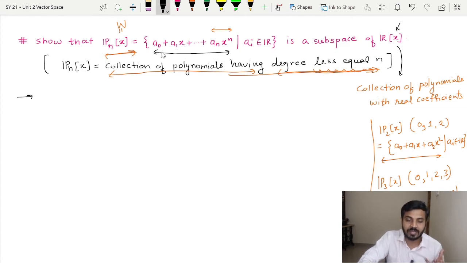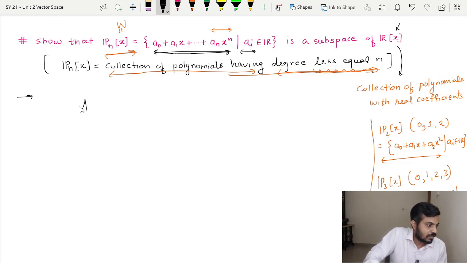It is a polynomial definitely, but it is of the type a0 plus a1x plus so on, an x raised to n, where these coefficients, I mean this ai, are real numbers. So if I am able to write my 0 polynomial in this form, then I can say that 0 belongs to Pn of x and thus it is non-empty, and we can easily do it.